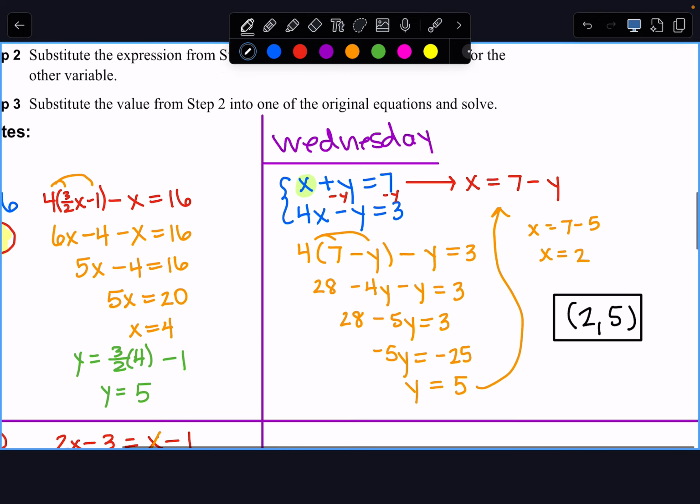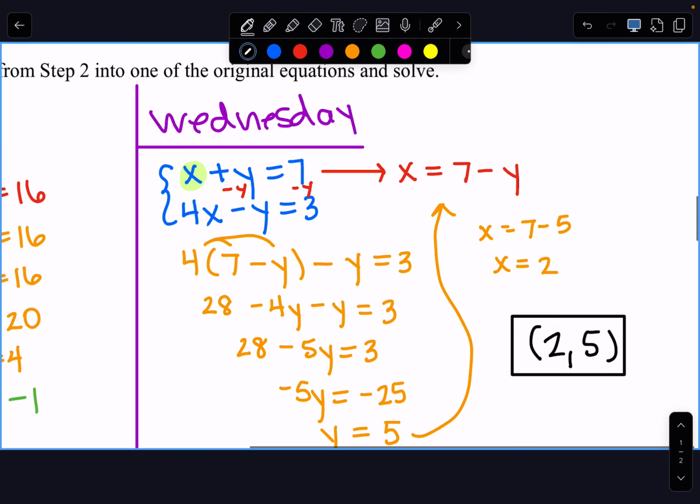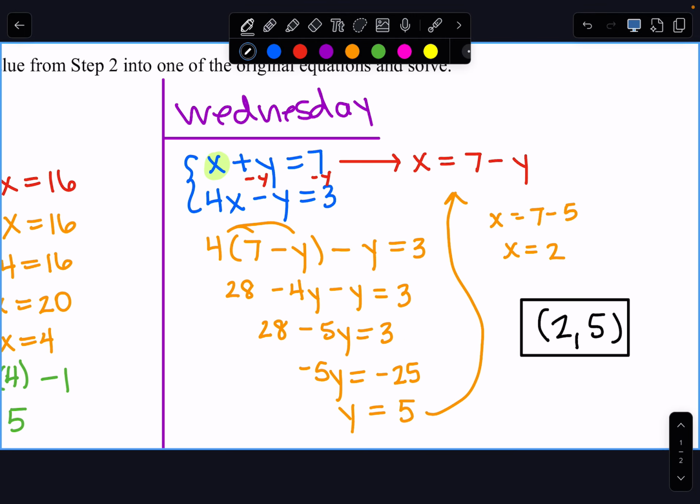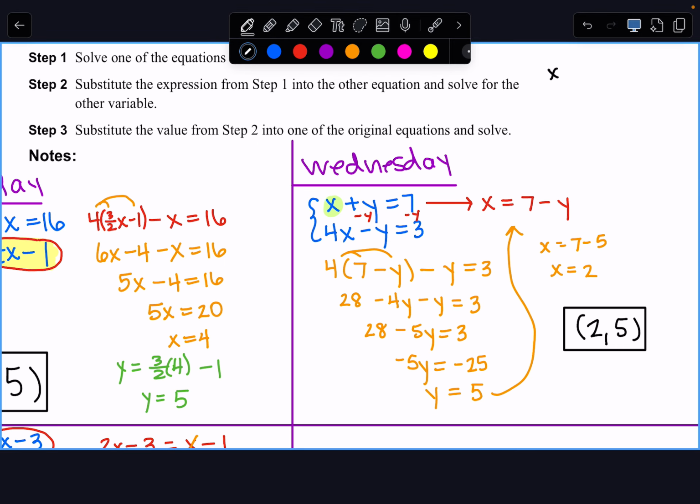Okay. I just want to talk about that real quick. If I would have solved for y equals 7 minus x, and I went into 4x minus y equals 3, if we go in and replace y, do you see how there's a minus right there?